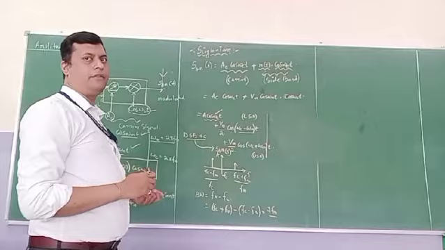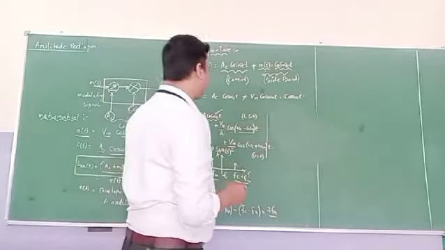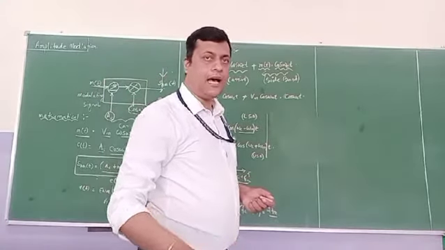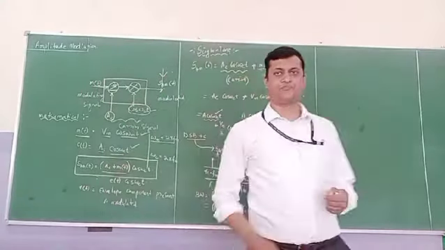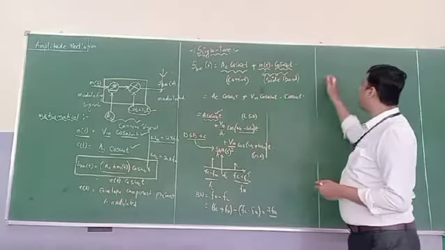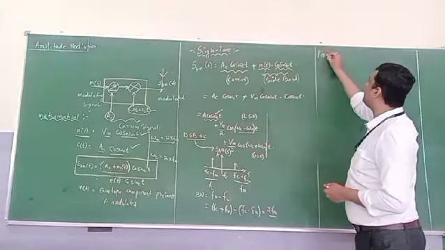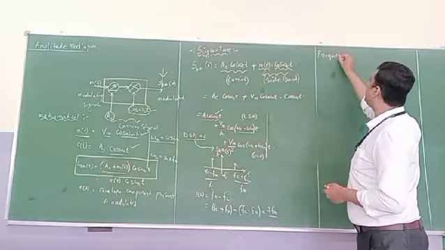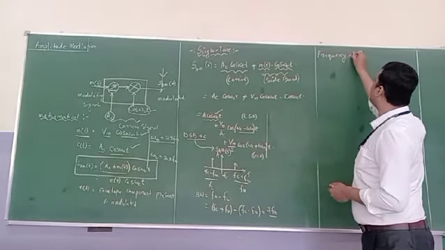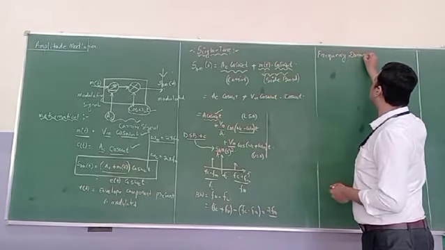For that also we will represent. For the time being we will see how we are going to represent it in the frequency domain. That is called frequency translation or frequency domain representation.